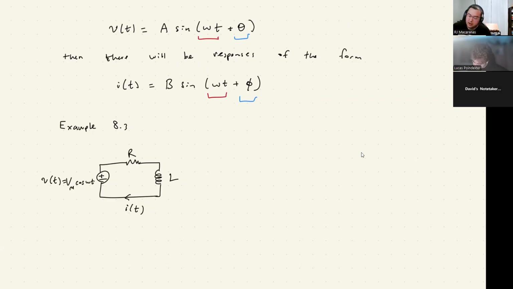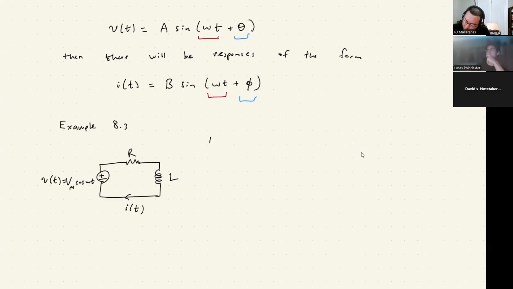It's a very simple circuit consisting of just a resistor and an inductor, right?